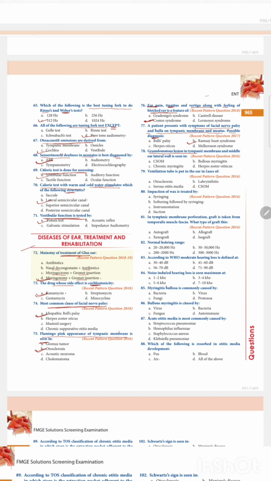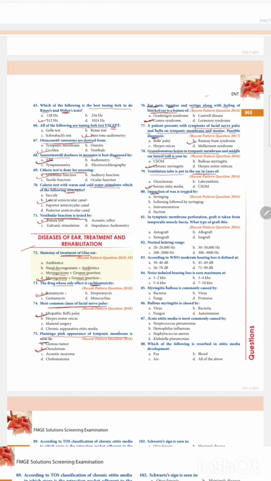Granulomatous lesion in the tympanic membrane and middle ear is seen in chronic tuberculosis. A ventilation tube is put in the ear in case of serous otitis media.